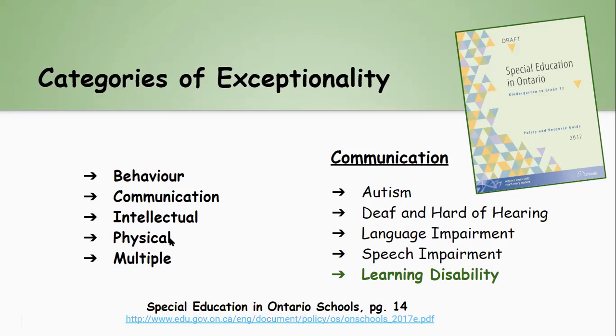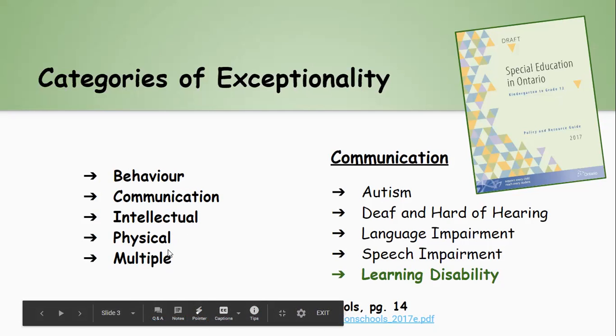For example, if we have a student that is diagnosed with ADHD and is managing the symptoms of that diagnosis very well in the educational system, then there's no need to provide an identification.